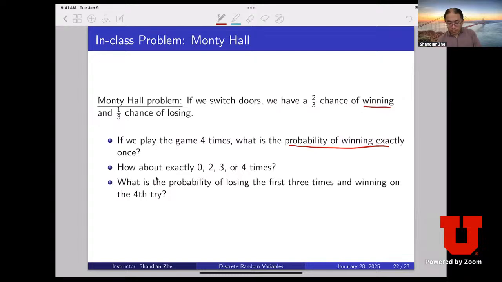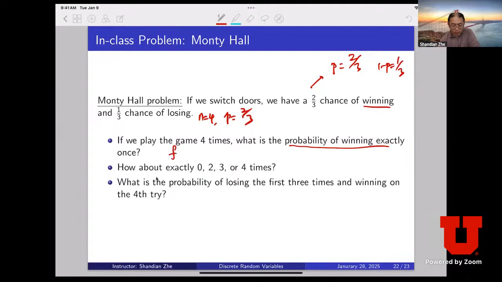Here we always choose to switch the doors, so you get 2/3 chance of winning. So p is equal to 2/3, and of course 1 minus p will be 1/3. So you play the game 4 times and you win once. This is like a binomial distribution. You have n equals 4, p equals 2/3.